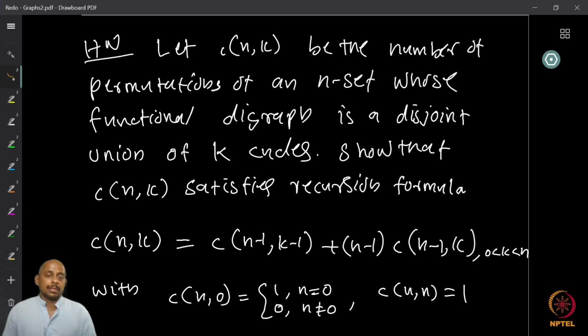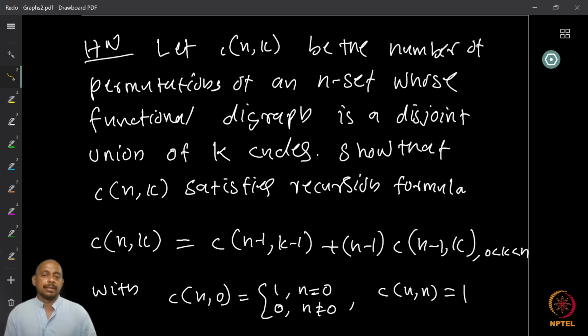Now, as homework, I define the following. Let C(n,k) be the number of permutations of an n-element set whose functional digraph is a disjoint union of exactly k cycles.